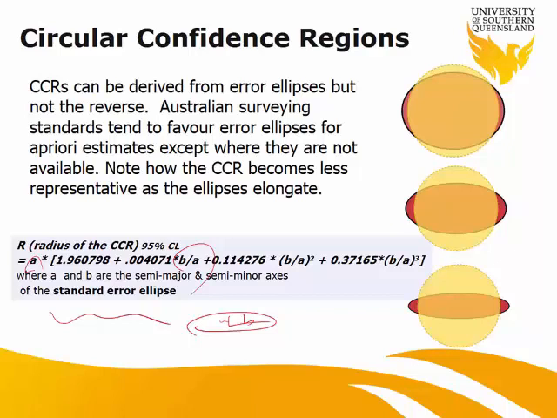But can we do it the other way around? If I have the radius of the circular region, can I get A and B? No. The answer is no. It's a one-way equation. So don't try to do it the other way around.